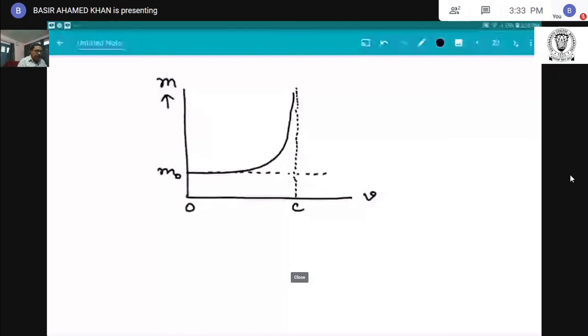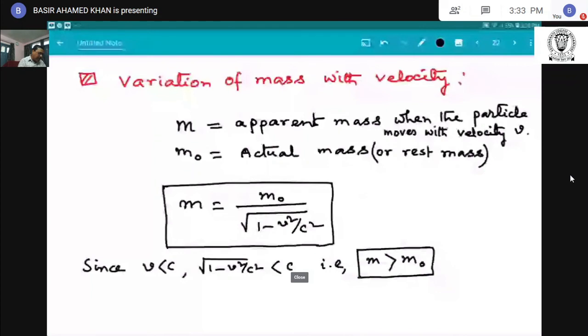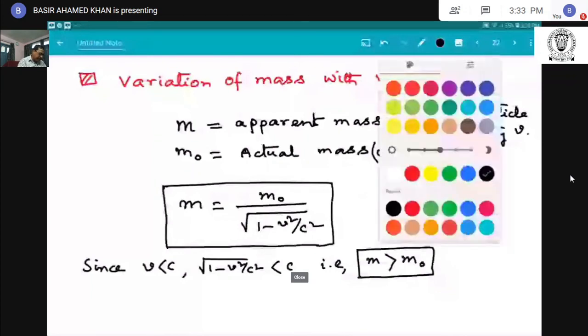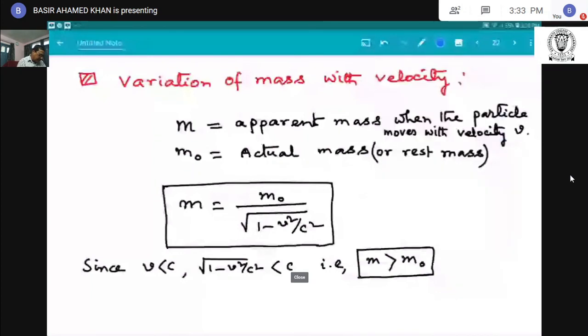This figure represents that the mass increases with the increase of velocity of the particle. And when the velocity of the particle is c, that is v equal to c, then m equal to infinity.